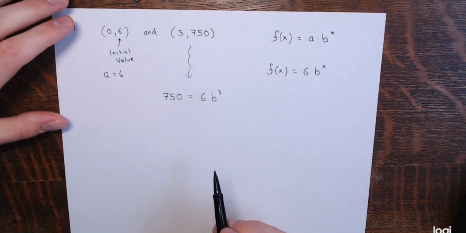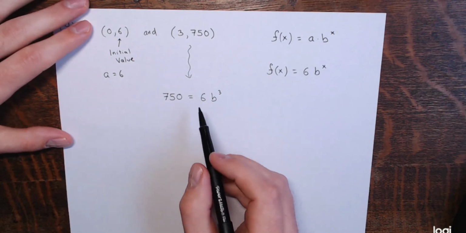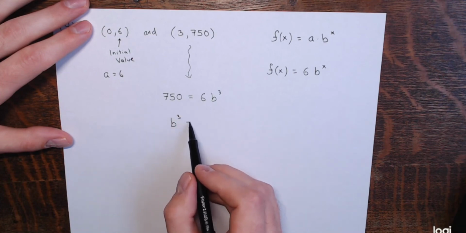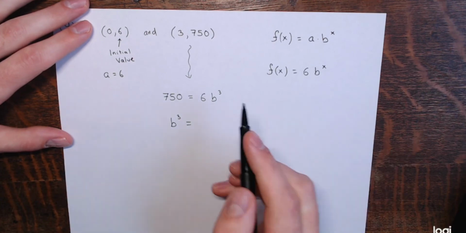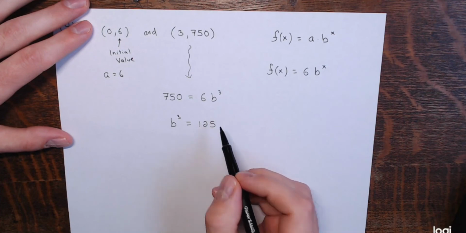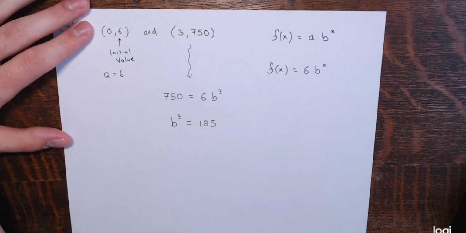Let's see. If I divide by 6, I get 125. 6 times 125 would be 750. So 750 divided by 6 is 125.